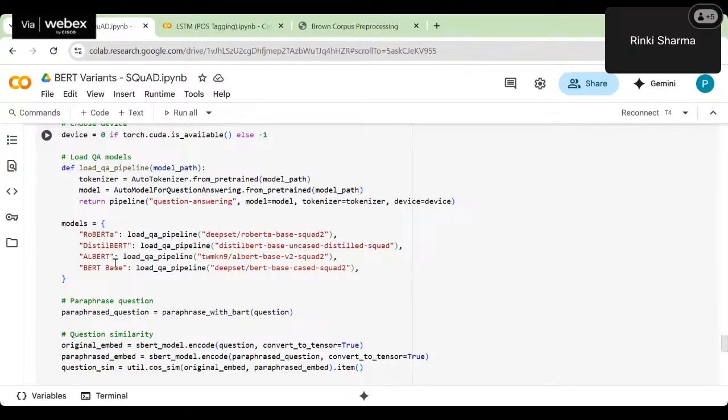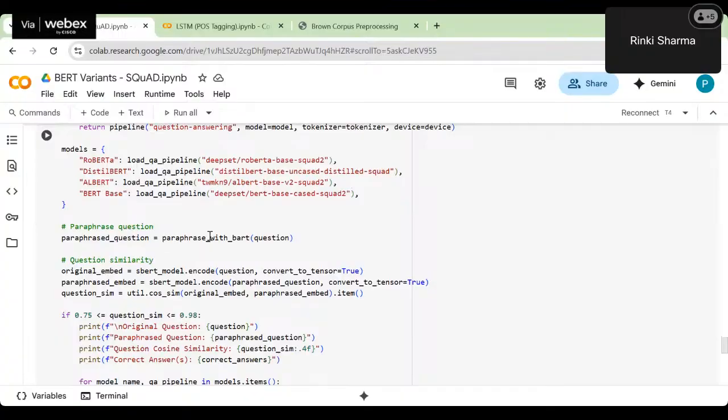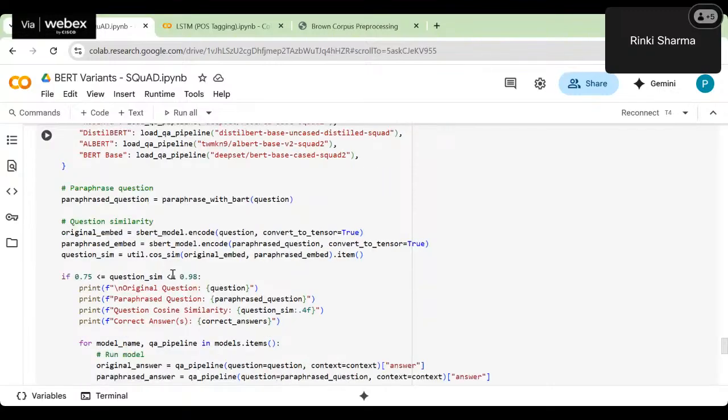So there is another problem: after paraphrasing, we have to check whether the meaning of the paraphrased question and the original question is still the same, or whether the paraphrasing changed the meaning. For this, we calculate a cosine similarity. This is the original embedding for the original question, and the paraphrased embedding for the paraphrased question.